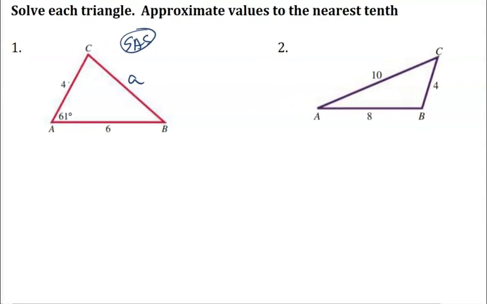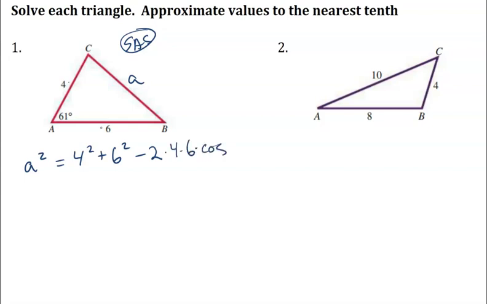Third side using law of cosines, so that's going to be a. So a squared, or this side squared, is going to be equal to the sum of the squares of the other two sides, so 4 squared plus 6 squared minus 2 times those other two sides times cosine of the given angle, cosine of 61.